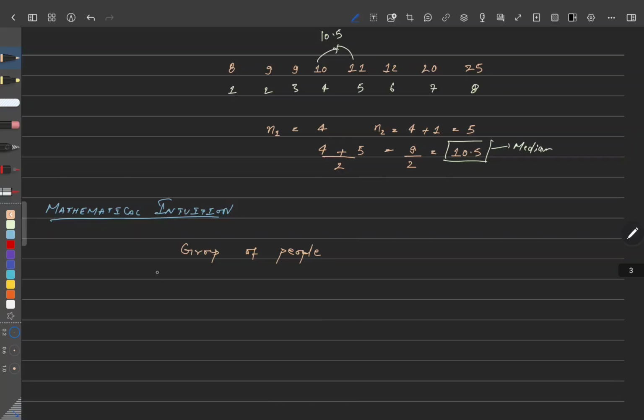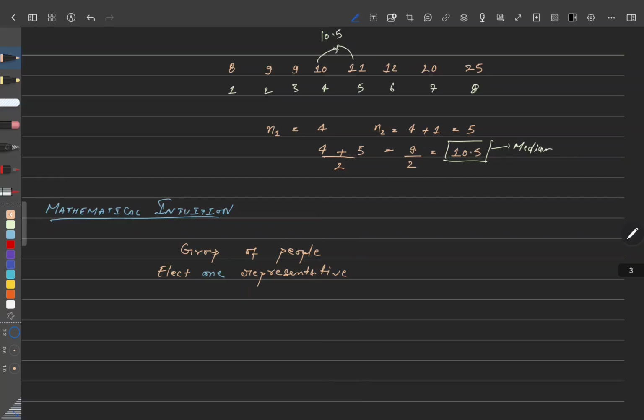A group of people, elect one representative, just like elections. We elect one person who represents everybody as best as possible. We represent each person with a number.